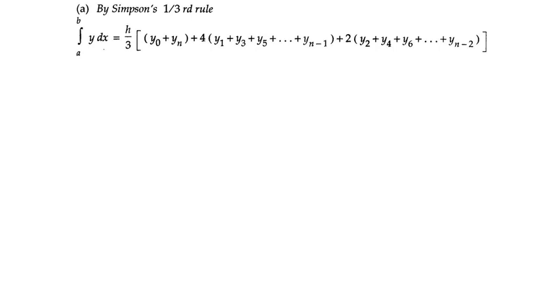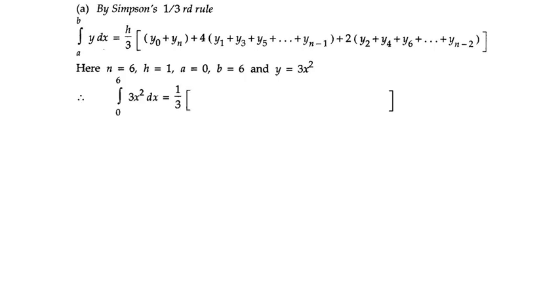First formula is Simpson's one-third rule. So this is the general formula. Now let us rewrite this general formula for n is equal to 6. See here, we have written this integral as the given integral, where a is 0, b is 6, and y is 3x square.